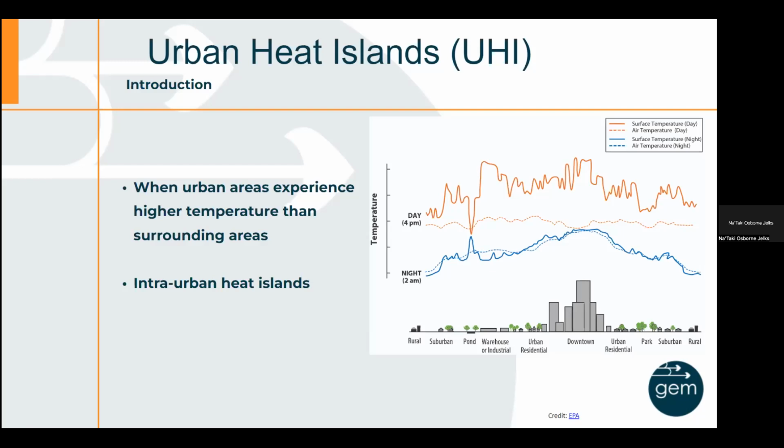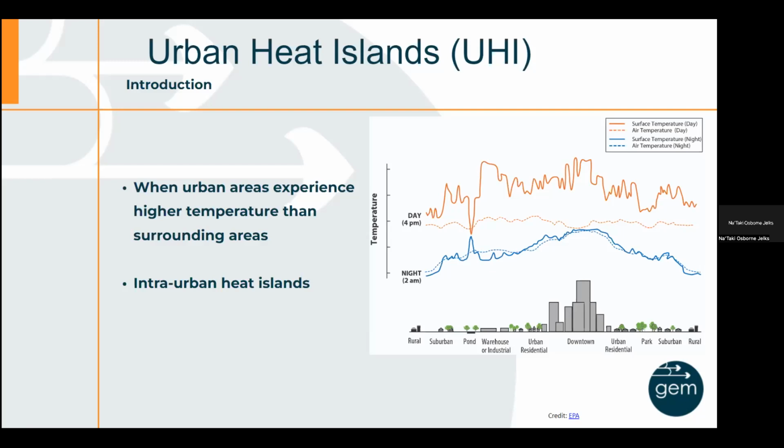And especially when looking at heat island temperatures, they vary a lot within a city. So it's really important to start talking about this intra-urban heat island effect. This tends to be when there might be an uneven distribution of heat absorbing materials or surfaces, such as pavements or buildings within our cities. So some places might tend to be a little bit cooler due to trees and vegetation, or some places might stay a little bit hotter due to these impervious surfaces.